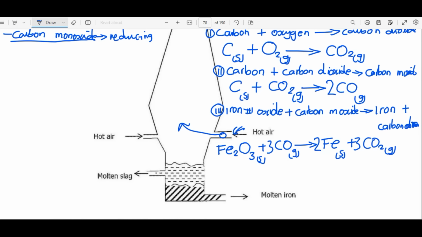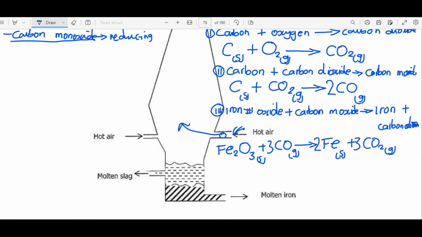We can see that on the left side here, iron has oxygen in it, but after the reaction the iron is just on its own. Since it has lost the atoms of oxygen, that element has been reduced. So that's what is meant by reduction in this equation.